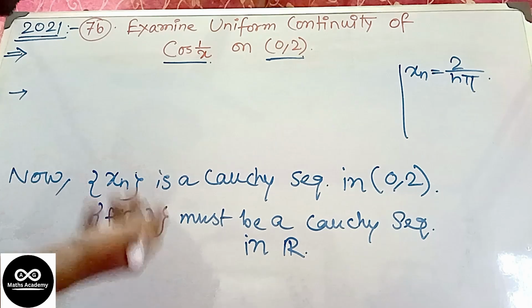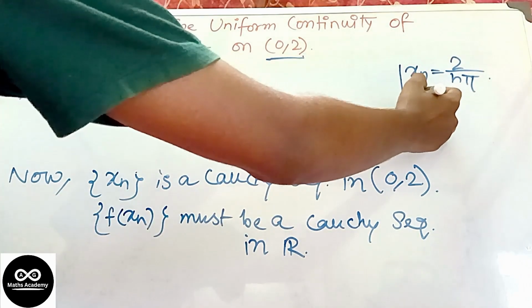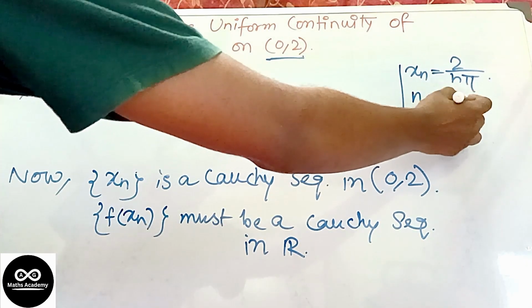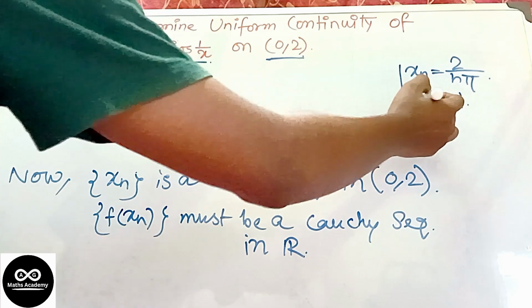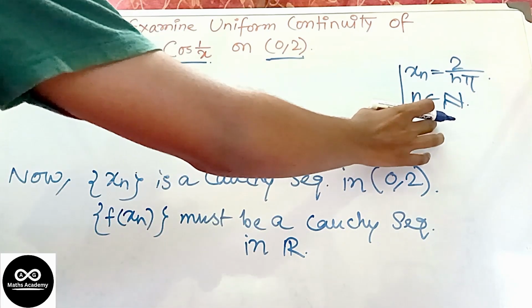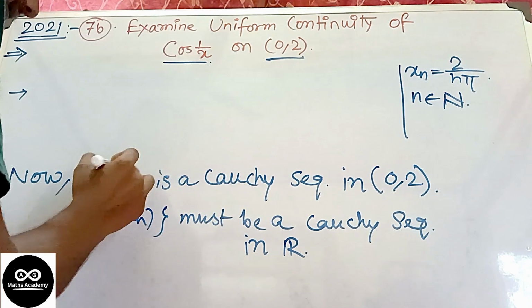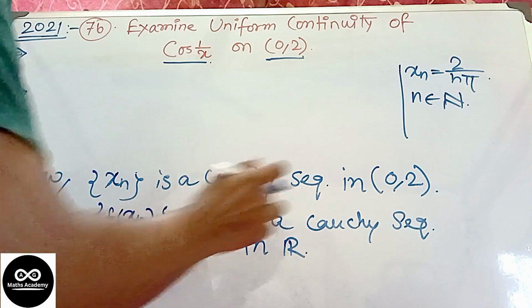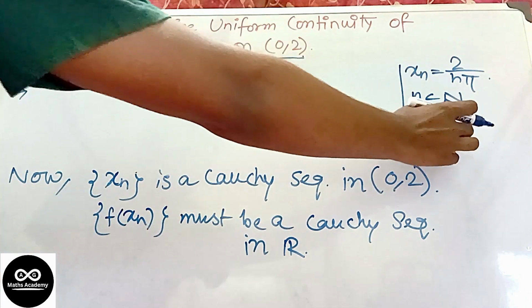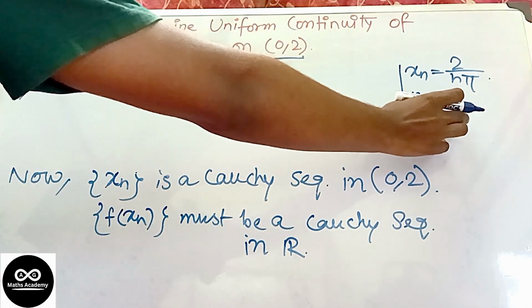So again I forgot to mention that n belongs to the set of natural numbers. Okay, this is actually very important. I forgot to mention that.